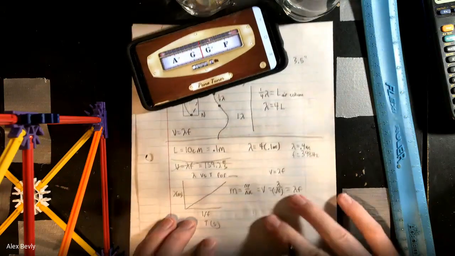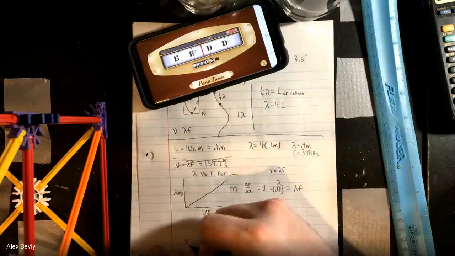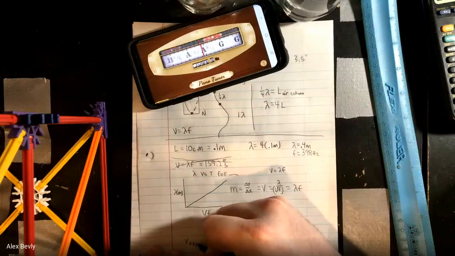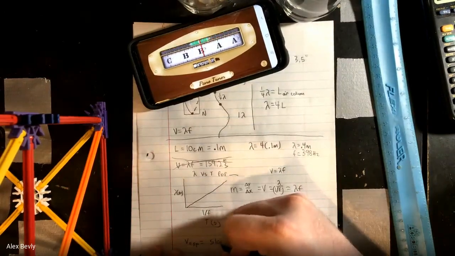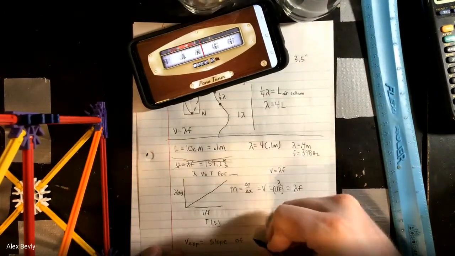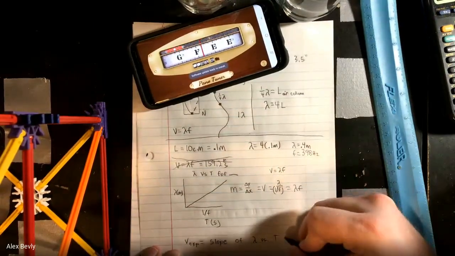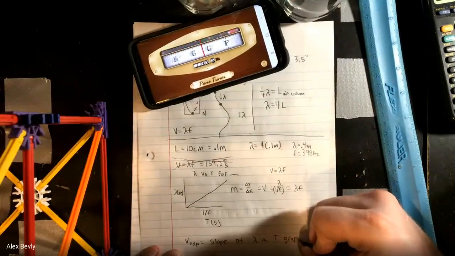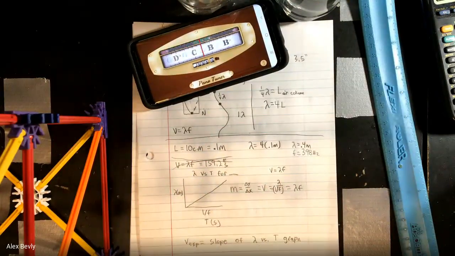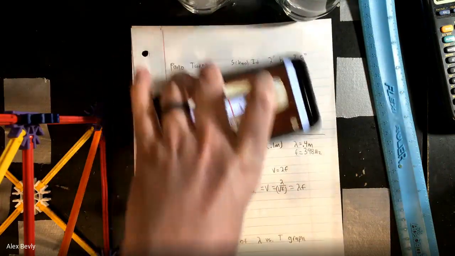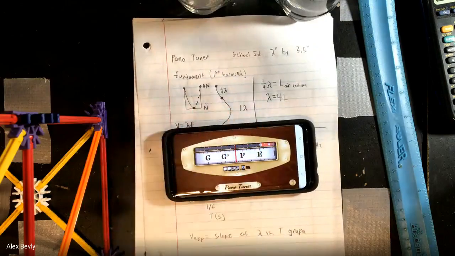So we go through, we get a speed of sound. Speed of sound experimental is going to equal the slope of that wavelength versus period graph. Now, how could I get an actual speed of sound in air? Do we use the formula?